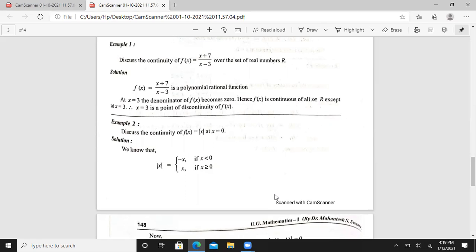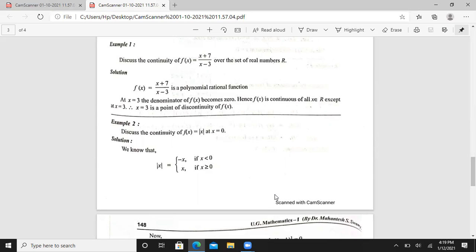That's why at x equal to 3, the denominator of the function becomes 0. Zero divided by anything is 0, but here anything divided by 0 is the case. Hence f of x is continuous for all x belonging to R except at x equal to 3.